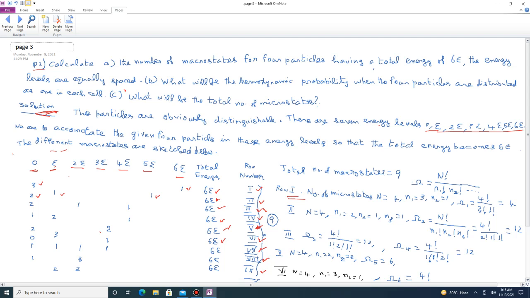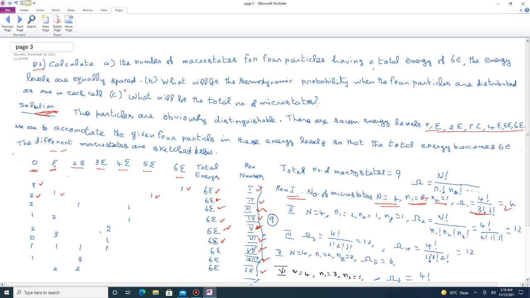Now here capital N is equal to 4 and small n1 is equal to 3 and n2 is equal to 1. So once you substitute this expression, omega 1 is equal to 4 factorial divided by 3 factorial into 1 factorial, which is 4. So that can be calculated.